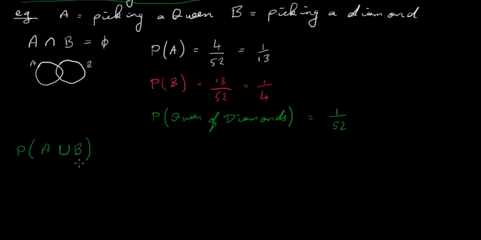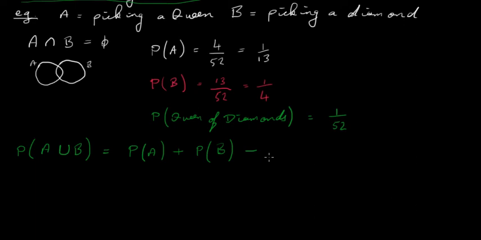That's what we want to find out. So the probability of picking a queen or picking a diamond is going to be the probability of picking the queen, which is event A, plus the probability of picking a diamond, which is B in this case.